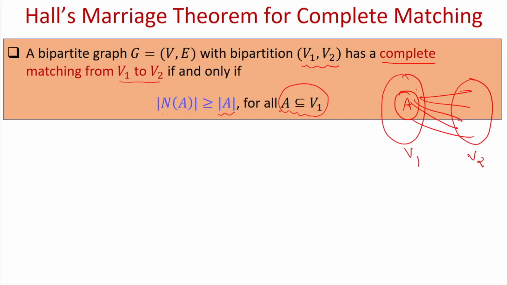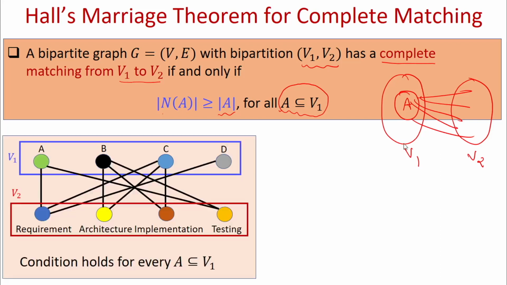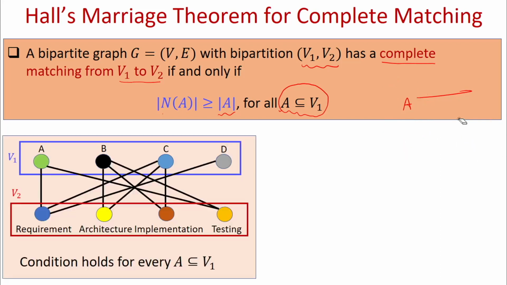And that precisely was the source of the problem due to which we don't have a complete matching in the graph of organization number 2, right? This was the graph for organization number 1, and in this graph we are able to find a complete matching from the vertex set V1 to the vertex set V2.